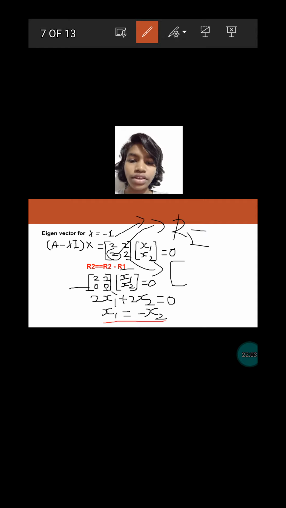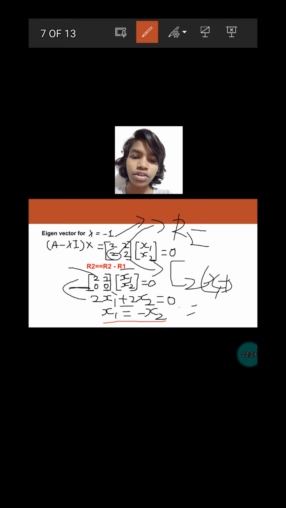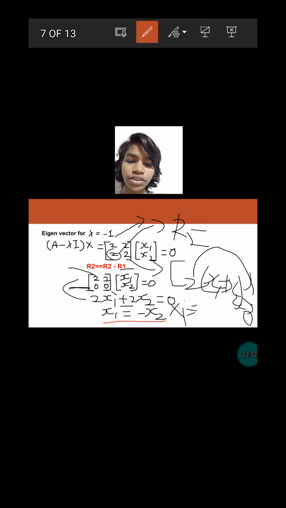Then write the column matrix as it is, x1, x2, equals 0. Now it is converted into echelon form. Multiplying these two matrices, 2x1 plus 2x2 equals 0. Taking 2 as common, we have x1 plus x2 equals 0.